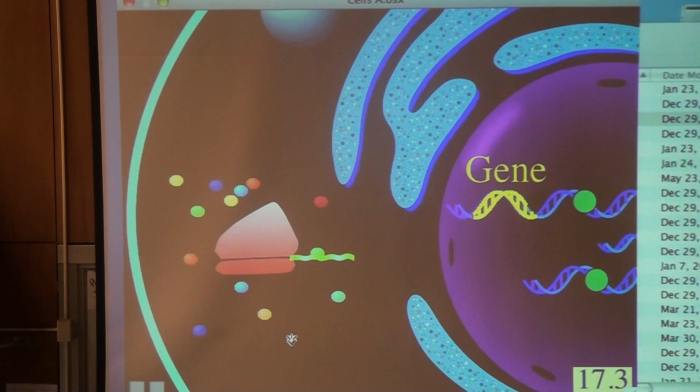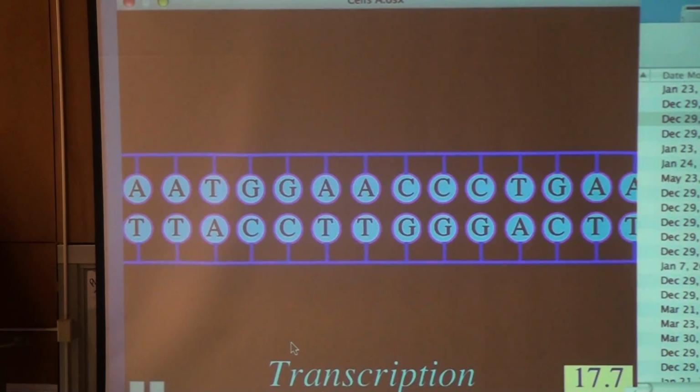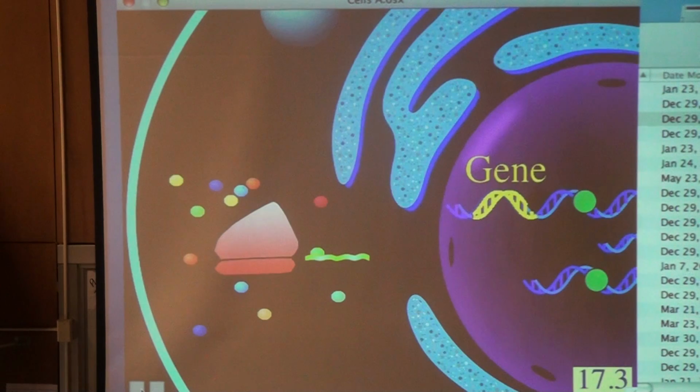And then using the codons in that mRNA as a guide, the ribosome will then link together the correct amino acids to make the protein. And that process of the ribosome actually reading the codons on the mRNA to link together the amino acids is called the translation step. So transcription, copying the gene into RNA, translation, using the RNA to actually make the protein.